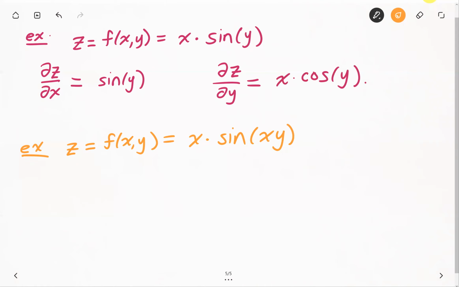And here, I'd like to start off by calculating dz dx. So again, here we have x as our variable, and that tells us we can think of y as a constant.